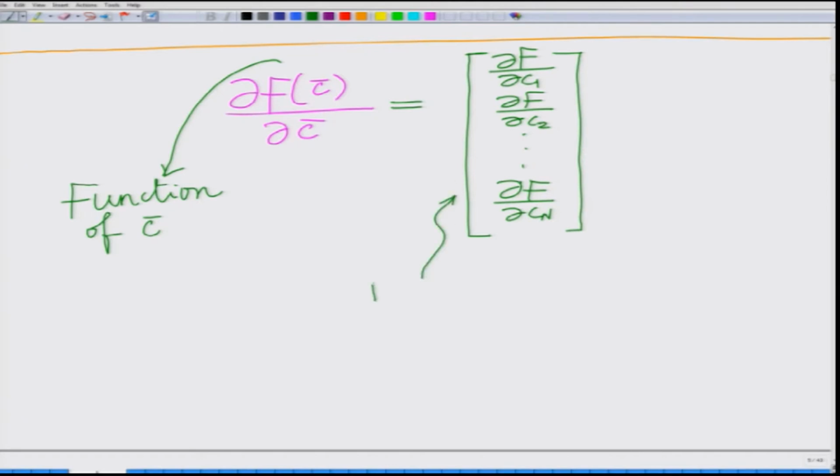So, naturally, this is an n-dimensional vector, where n itself is the dimension of this vector C bar.